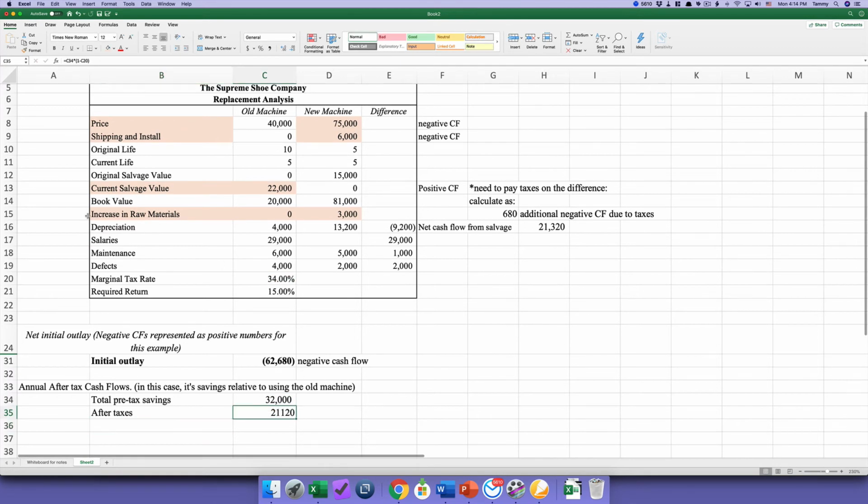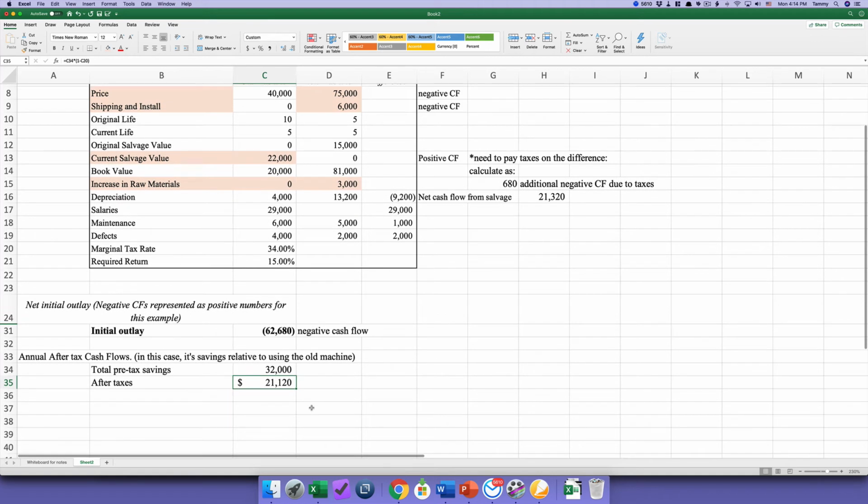So it's $21,000 after tax that we're going to be saving every year in actual operating expenses.